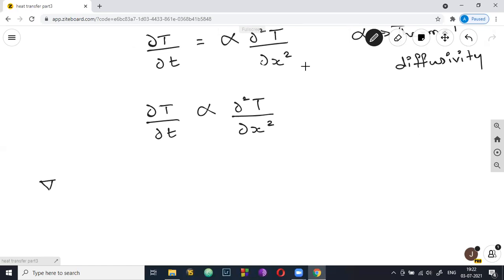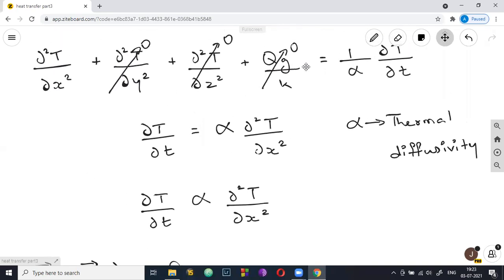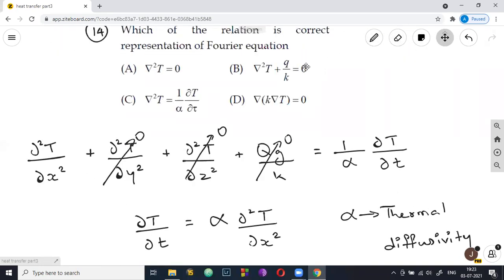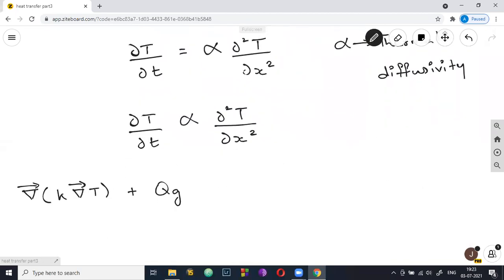Del into k del T plus qg is equal to k by alpha dou T by dou small t.